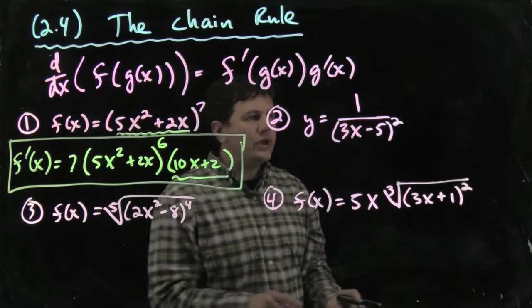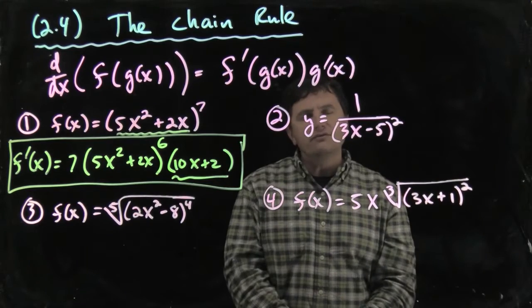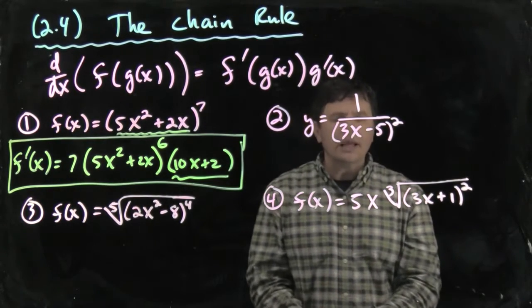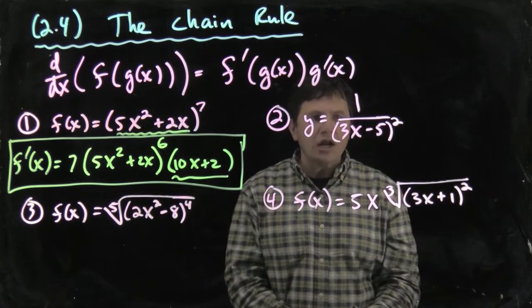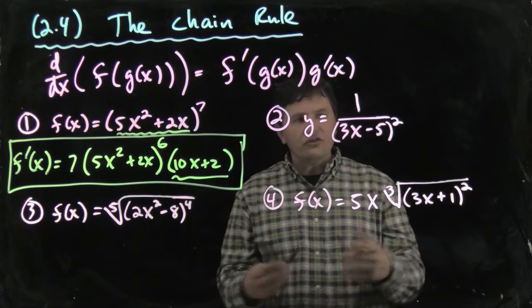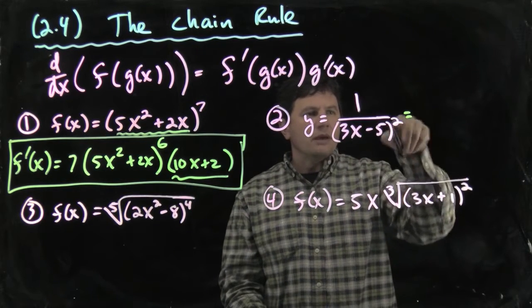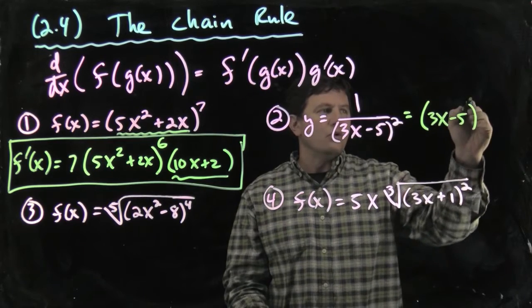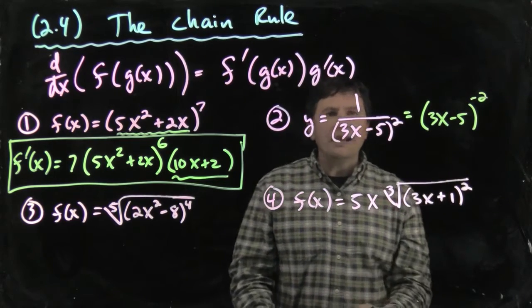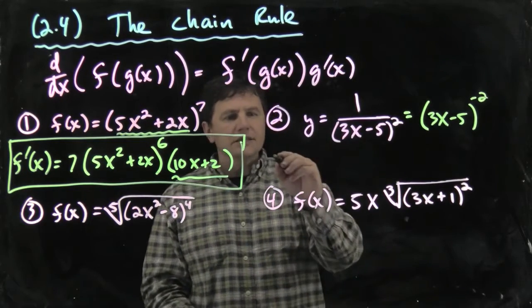Now this one, before we go, we want to rewrite this one. I could do a combination of chain and quotient, and we will end up doing that. For instance, here you can see we're going to do a combination of chain and product, but we can rewrite this so it's just a simple chain rule thing. So the way I'm going to rewrite this is I'm going to raise this to the numerator and use a negative exponent. So we still are going to use chain rule, but now we don't have to do that in conjunction with quotient rule, which makes it a little bit nicer.